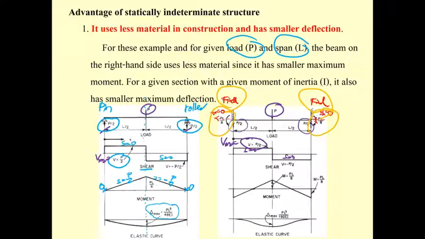You can see that previously the maximum moment is PL over 4. Now, due to the fixed ends, the moment is redistributed from the midspan to the fixed supports, and the maximum moment changes from PL over 4 to PL over 8.